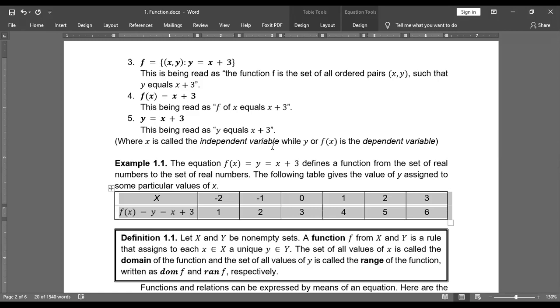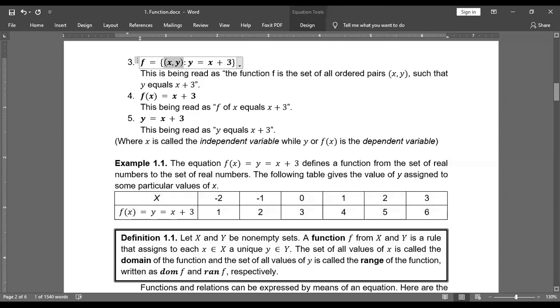Table of values. Mapping, sir. There's one, mapping. Graph. So we have the graphing. We have equation, yes. And then lastly, ito. Ano to? The ordered pairs. Set of ordered pairs.